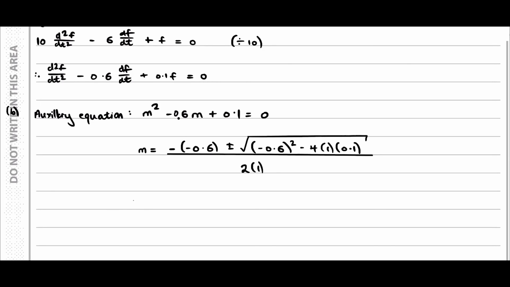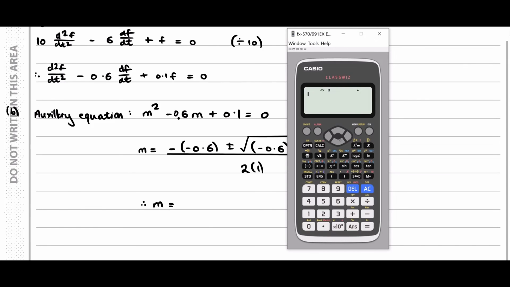So we can conclude the values of m if we grab our calculator and go to equation / function. We have a polynomial of degree 2 with coefficients 1, minus 0.6 and 0.1.